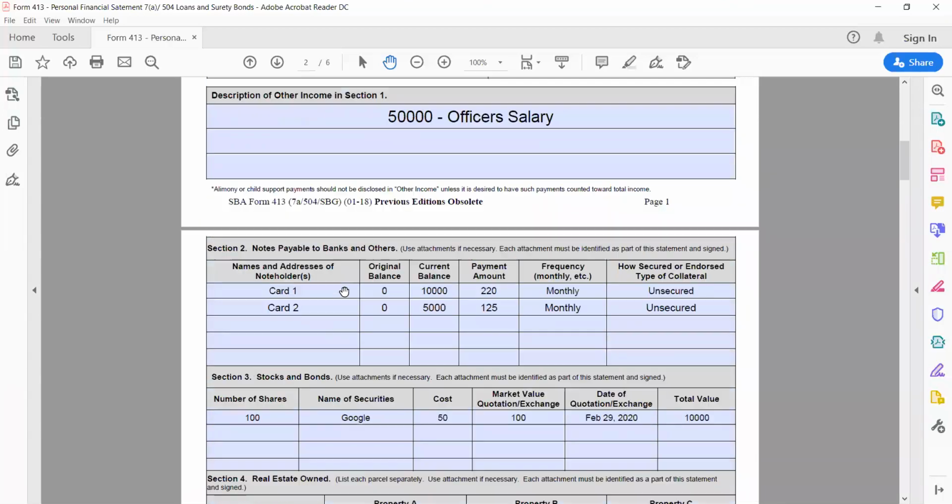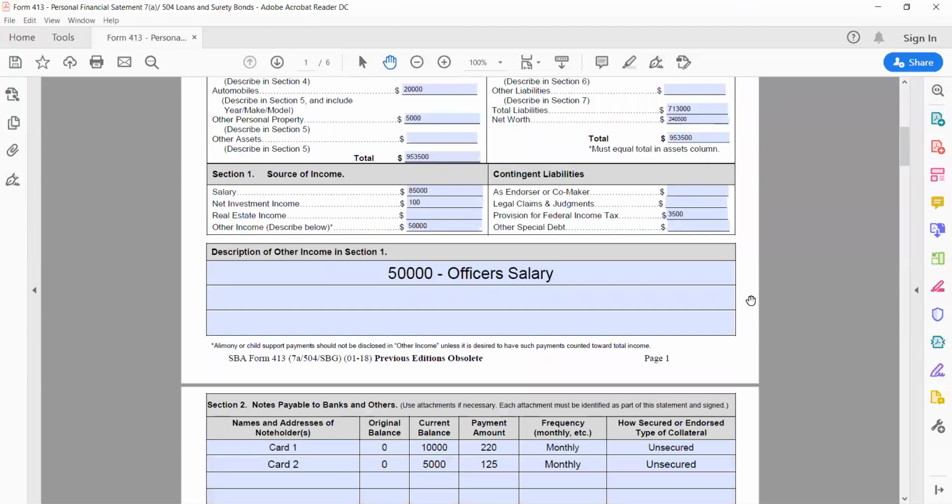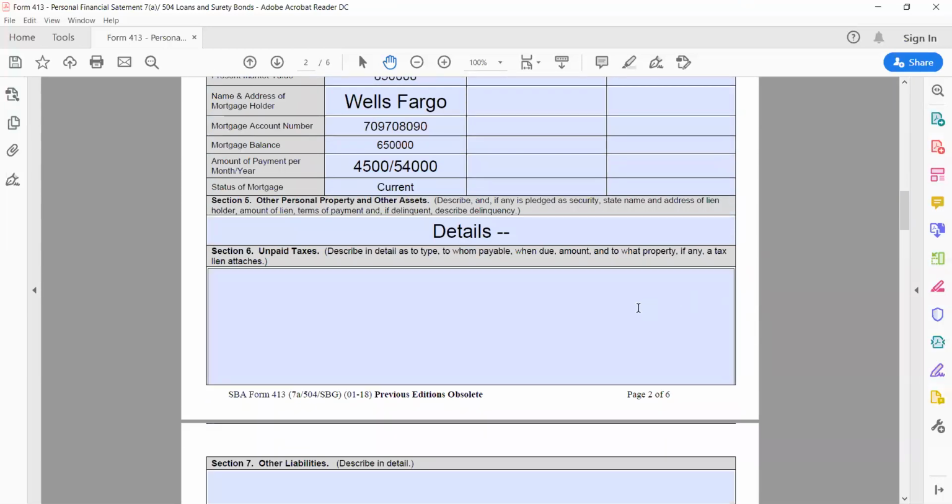Section 6, unpaid taxes. That's this amount here. Most important is if you're on a payment plan, you need to detail that out. That indicates to a loan officer that you've already taken the necessary steps on any unpaid taxes, that you have an agreement with the IRS.